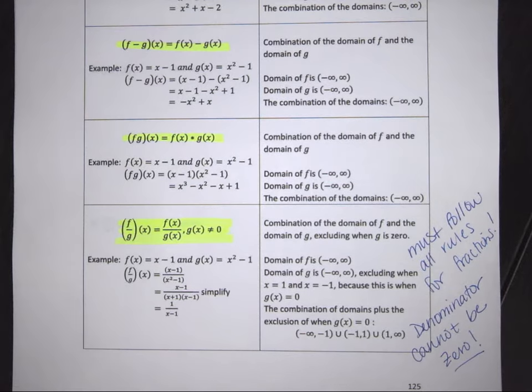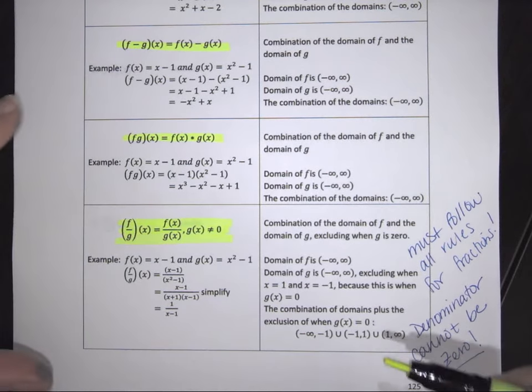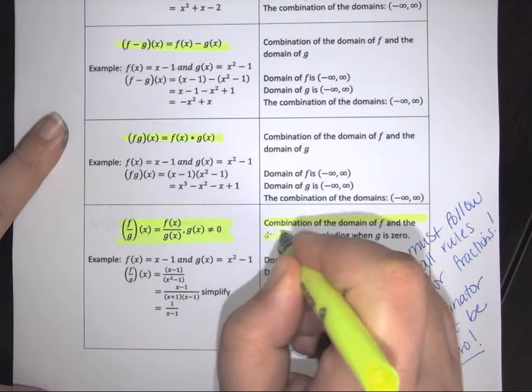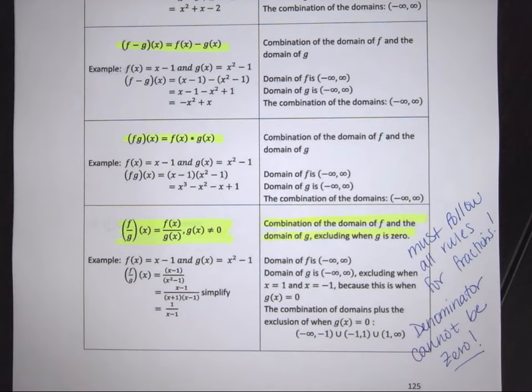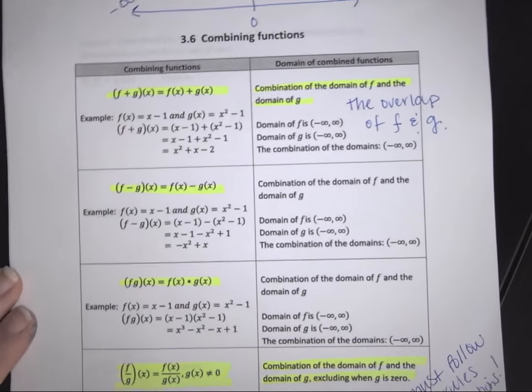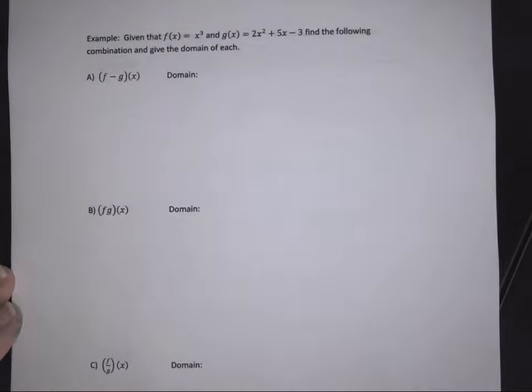So when we talk about the domain of your division, we're talking about the combination of f and g, excluding where the bottom is 0. So your domain is going to change, because now we have the potential that we're going to have to exclude some values. We're going to take a look at a couple quick examples so that you can see again how this is going to work.